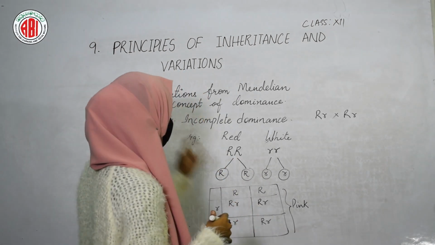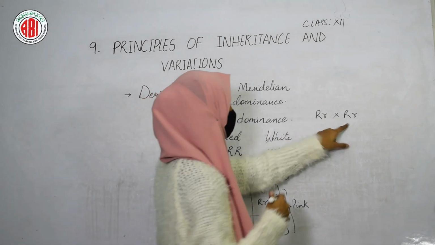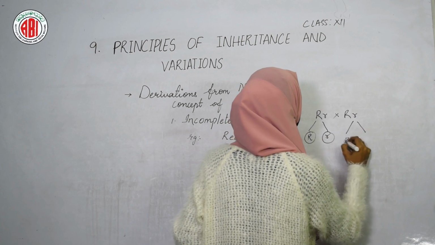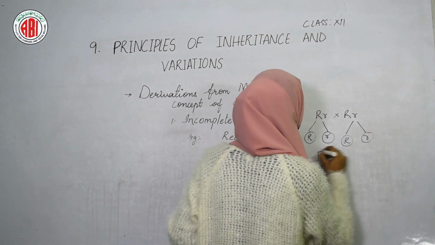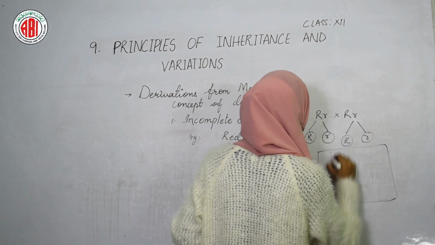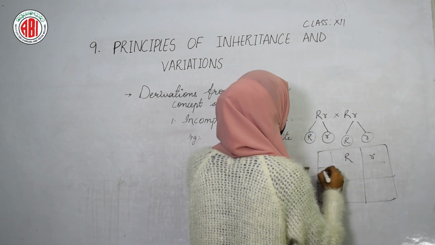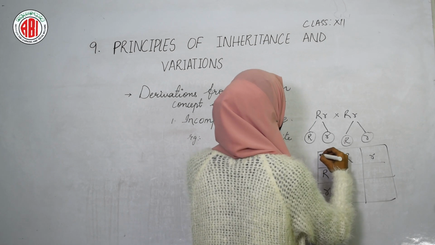When the offsprings of the F1 generation are self-crossed, the gametes that are formed are capital R and small r. Again we will draw one Punnett square to know the offsprings of the F2 generation. Here we will take the gametes of one parent and here the gametes of another parent.